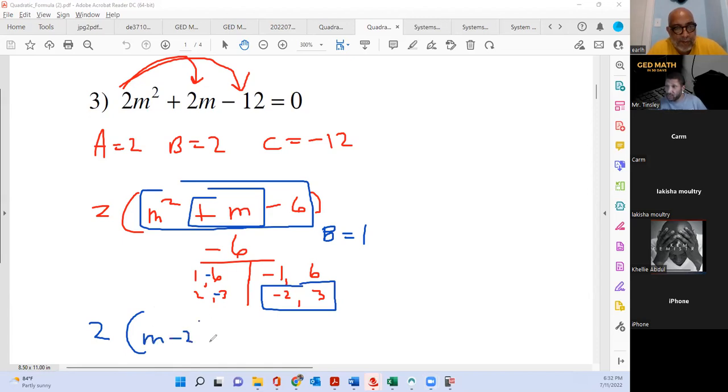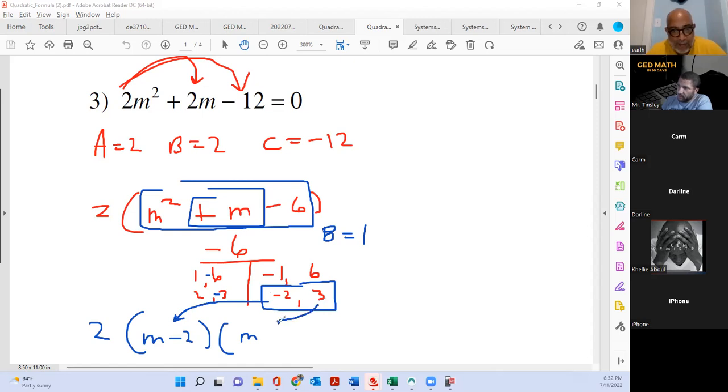So m minus 2, 2m, m what? M plus 1. Where are you getting these numbers from? I'm looking at the B. What factor pairs gave us B? Negative 2 and 3. So this is my first one.